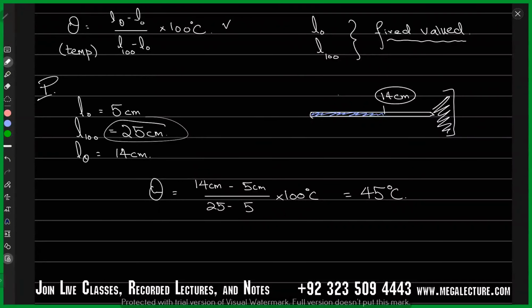So from the thermometer, we were able to determine the length of the mercury thread, from which we were able to use this formula to determine this temperature. So that's how we can use this liquid in glass thermometer to measure temperature.